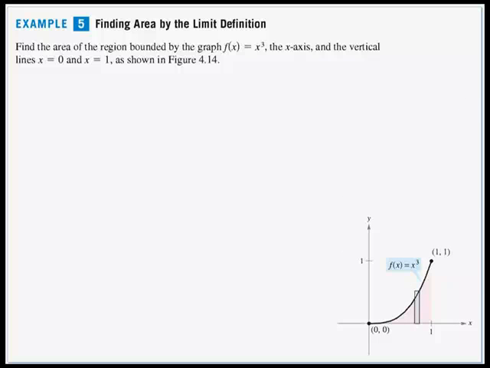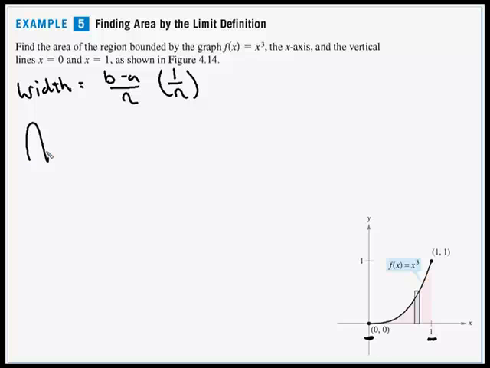So, what is the width of each rectangle? Remember, that is b minus a divided by n. Our b value, our upper limit, is 1, our lower limit is 0, so 1 minus 0 is 1 over n. That is the width of each of our rectangles.